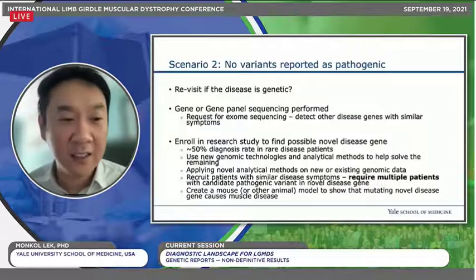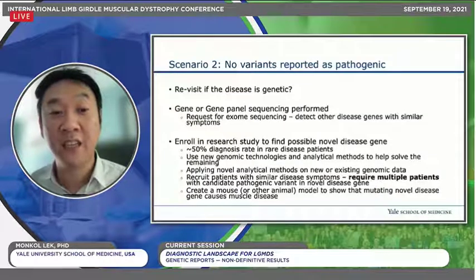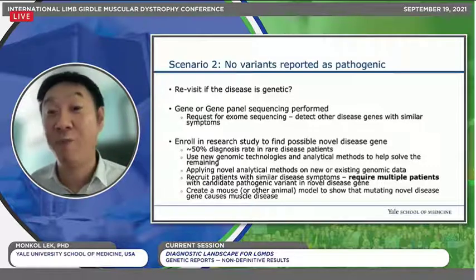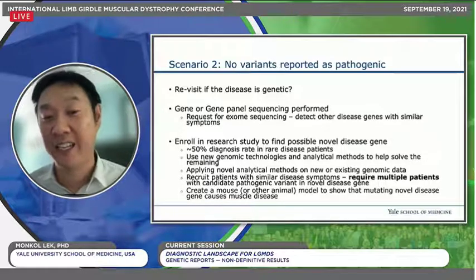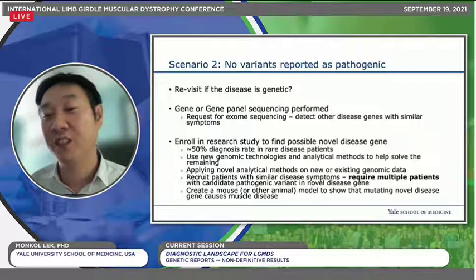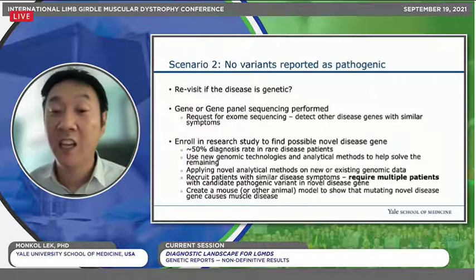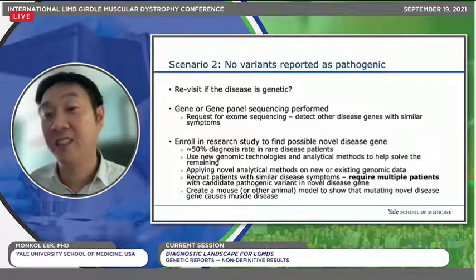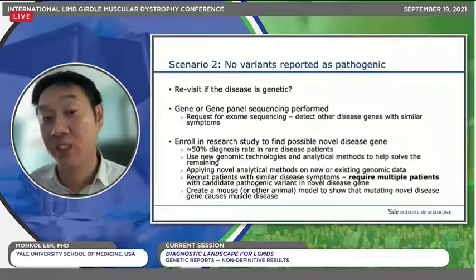The last is, we can actually enroll patients in research studies. So this is what I'm highly involved in my day-to-day research, to find possible novel disease genes, but I haven't listed here, and also novel mutations and disease mechanisms in known disease genes.